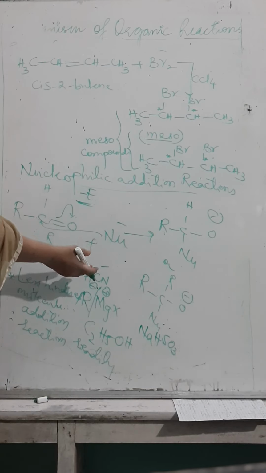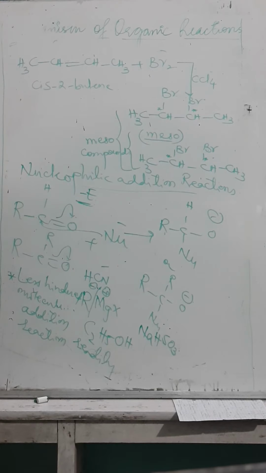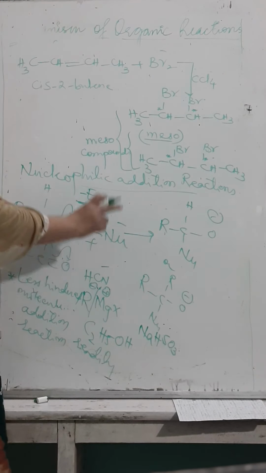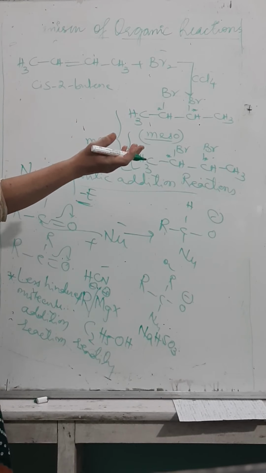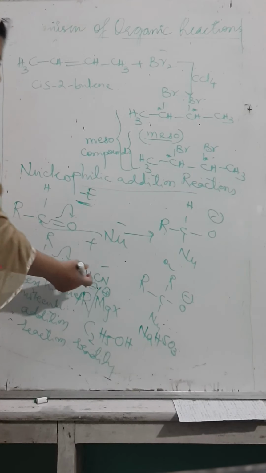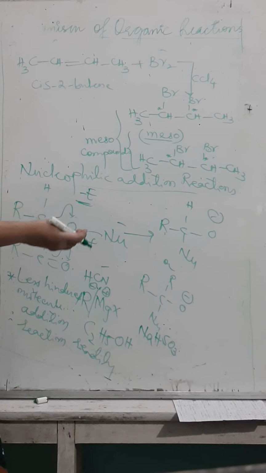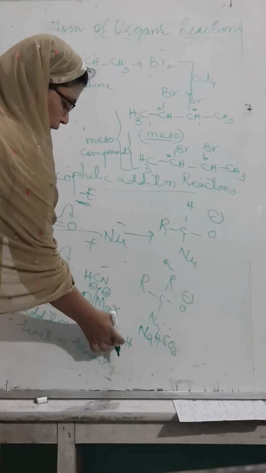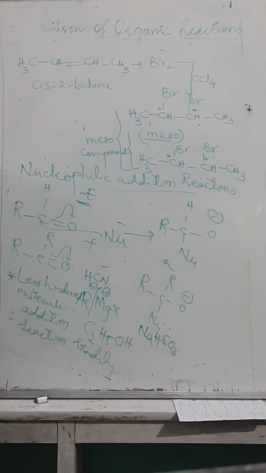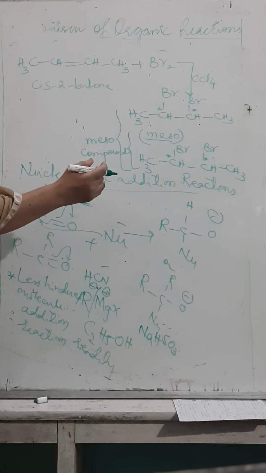All these examples are actually second year examples. You may remember that hydrogen cyanide will produce a cyanohydrin as the addition product. Then RMgX, the Grignard reagent, will produce primary, secondary and tertiary alcohols. Whereas ethyl alcohol will produce hemiacetal and acetal.